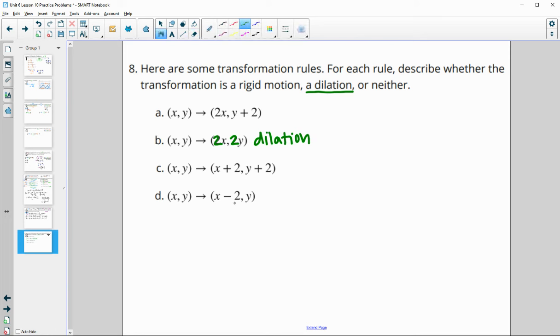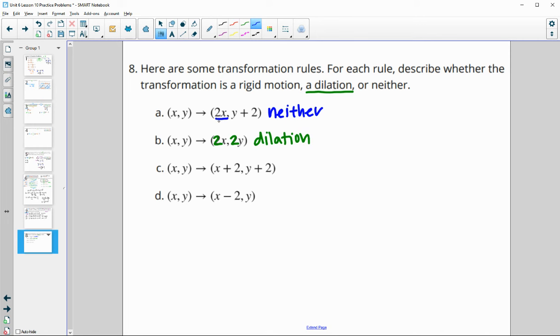And then we don't see any more multiplication. And now when you have multiplication, but not to both, then this is going to be neither rigid nor a dilation, because multiplication will change the size. And rigid means that they're the same size. So this would be changing just the horizontal.